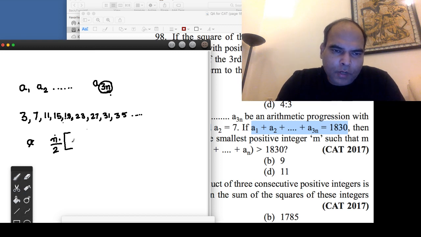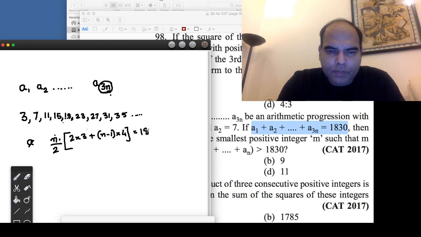So this is our normal number of terms n situation. N by 2 into 2a, 2 into 3, plus n minus 1 into d. This should be 1830. This is one way to react to this situation.